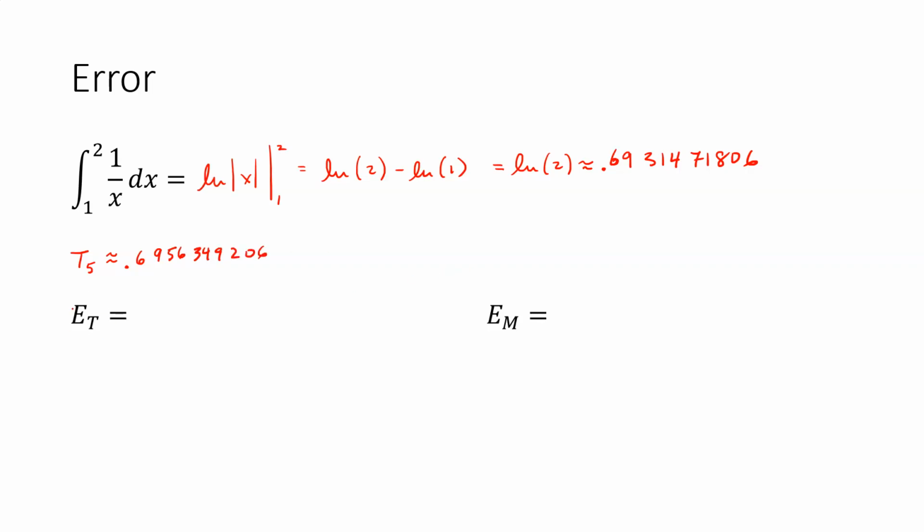So to figure out what kind of error there was, we'll take the difference between the two. So we'll take T5 minus the actual value, ln of 2. And this will tell us the error, we're calling it ET, in that approximation.